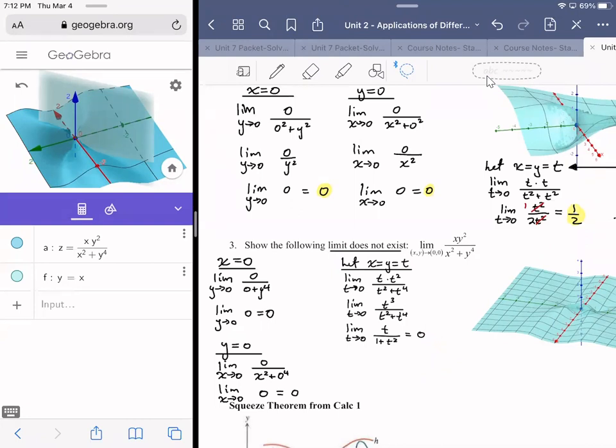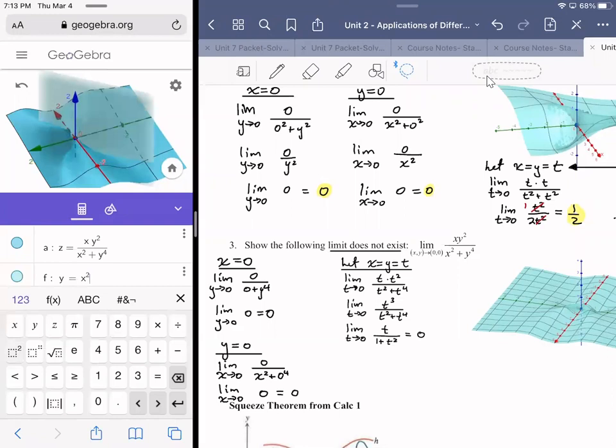Probably not, but you can give it a shot if you want. So what we can do is graduate to the next type of function, right? The next type of function would be something like a parabolic function. It's just a question of what kind. So let me try y equals x squared and see if that does anything for us. Maybe.